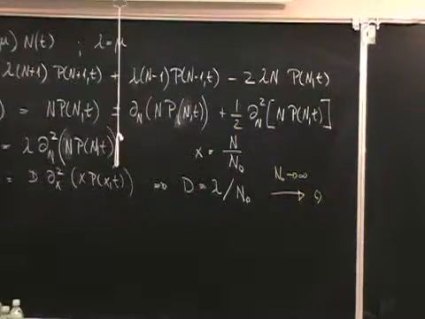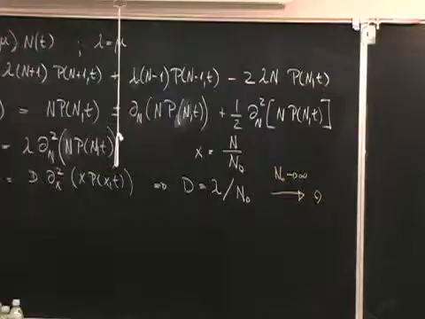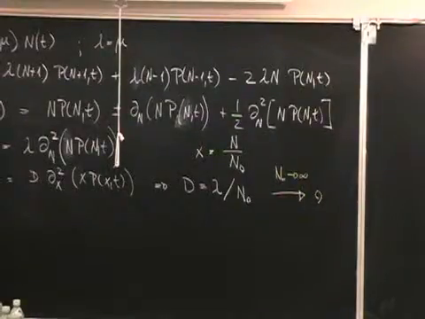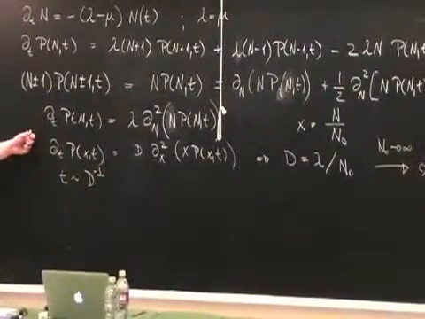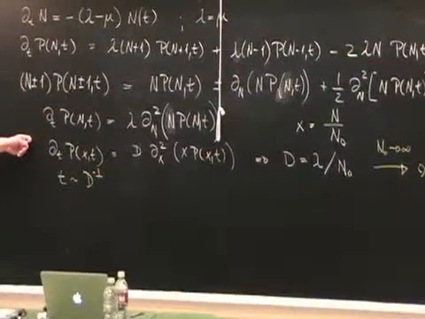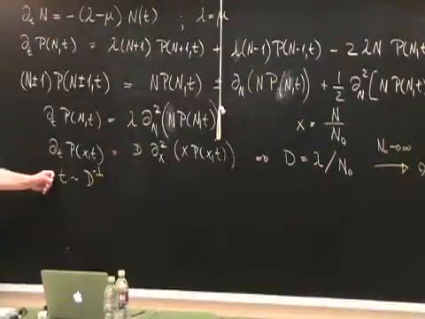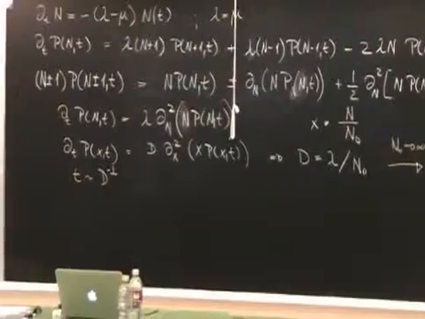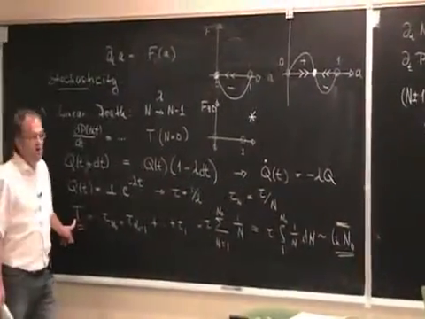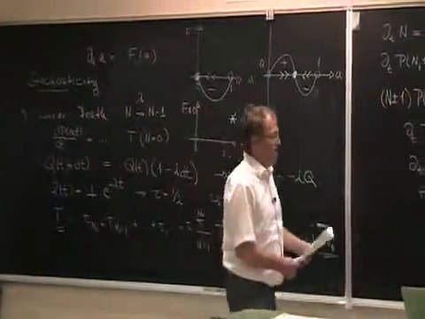And the second observation one makes here is that all time scales actually scale in the same way. The time scales here all scale as epsilon to the minus 1, simply by looking at the scaling of this equation. So that means the extinction time also scales as a time.